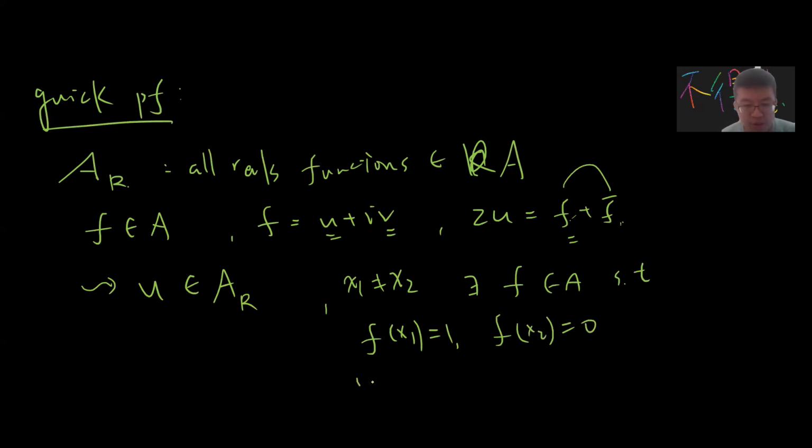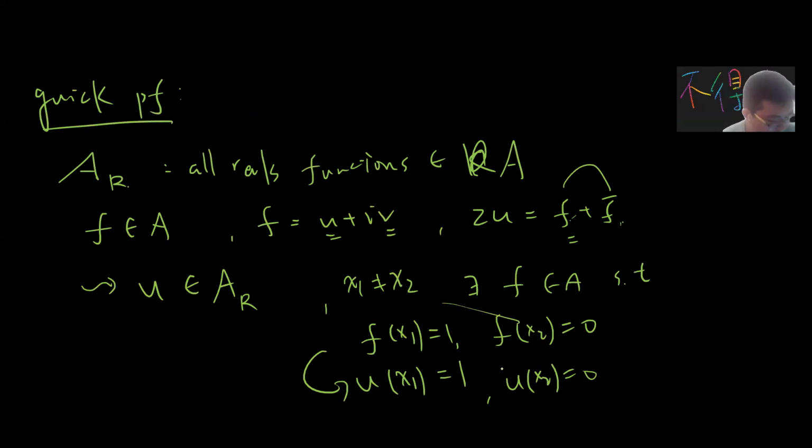And you can get u(x1) is 1 and u(x2) is 0, from here, because f plus f conjugate is 2u. So if you have these two conditions, then you get these two. And from here, you can get AR separates points on K.